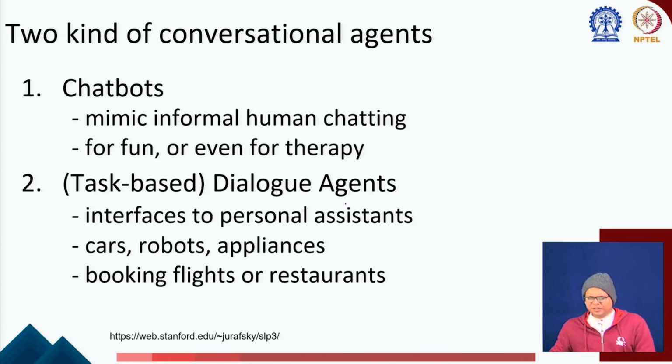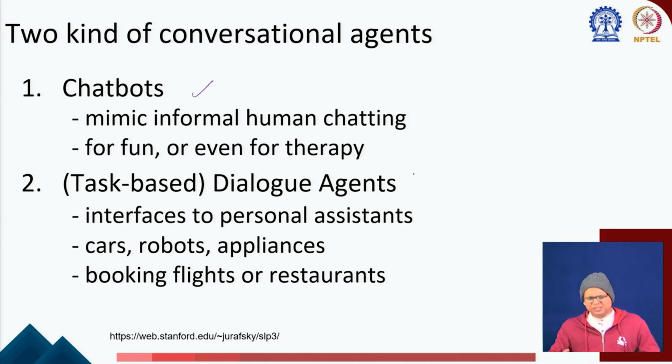Okay. So, there are two kinds of conversational agents that we have. We have chatbots, where you are just conversing, for fun, or sometimes even for therapy, and then there are dialogue agents that are doing a specific task, like booking a hotel for you, booking flights for you, and maybe some appliances with which you are conversing to get something done, right.